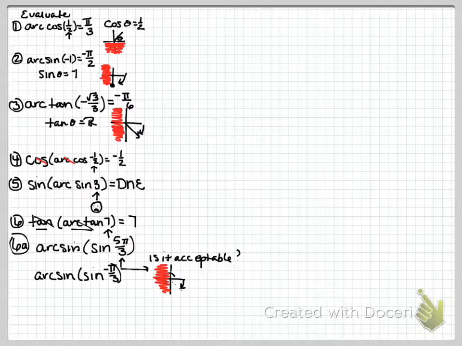Now that this is in the acceptable region, meaning I didn't go across that y-axis, all of this is just going to equal negative pi over 3. So you have to be careful. If your angle goes into your no-fly zone, you have to rewrite it so it never does. So you have to use that reference angle, that coterminal angle that we have for it.